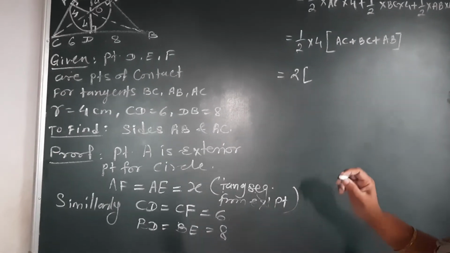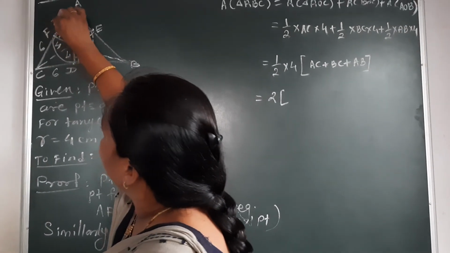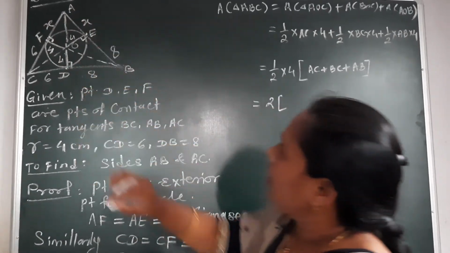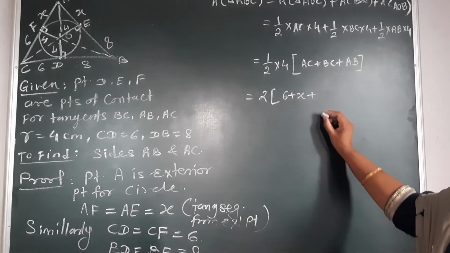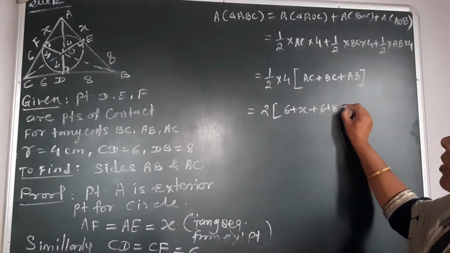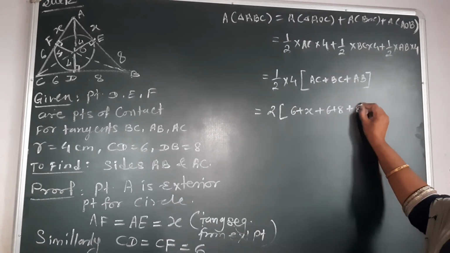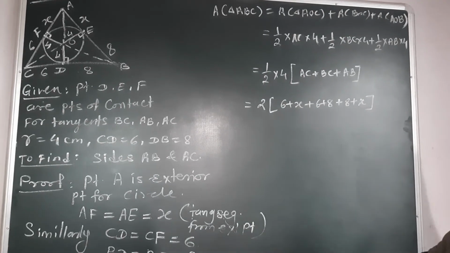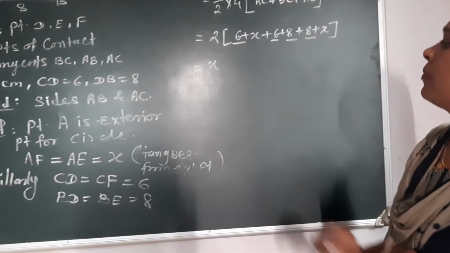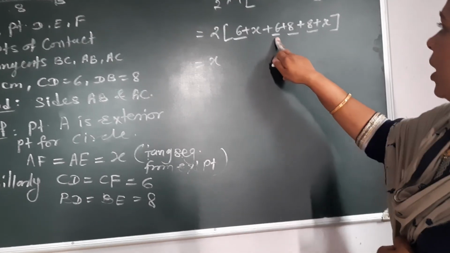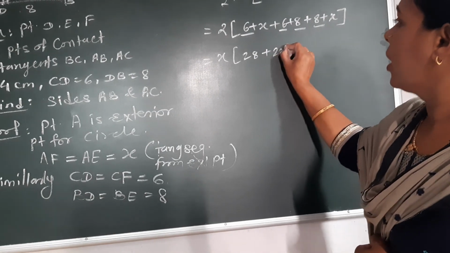The value of AC: see the figure, this segment is 6 cm, this is X, this is 8. So AC is equal to 6 plus X, BC is equal to 6 plus 8, and AB is equal to 8 plus X. Now if you take the addition of all these factors, that addition is 12, 20, 28 plus 2x.